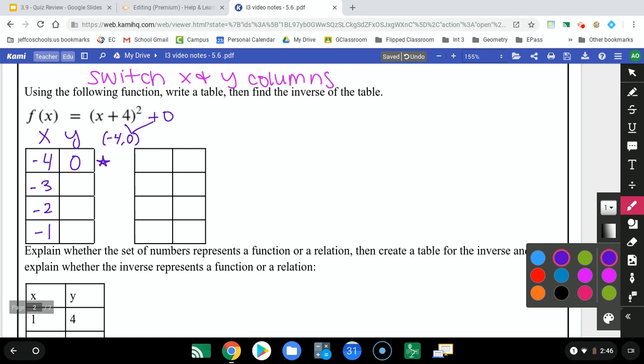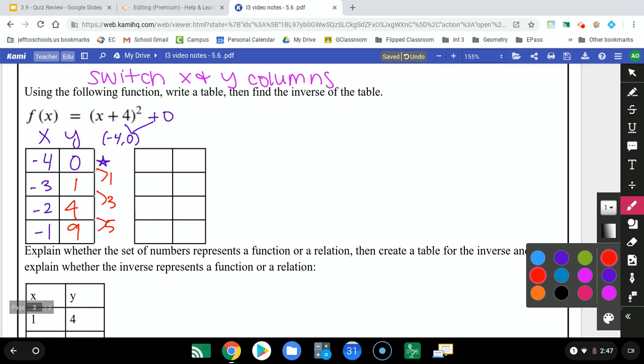And then our next one, we have our pattern. So 1, 3, 5. 0 plus 1 is 1. 1 plus 3 is 4. 4 plus 5 is 9. Okay, so this was just a review from last semester when we were graphing quadratics, and we're just getting into the mode of now flipping your x and y's in order to find the inverses.